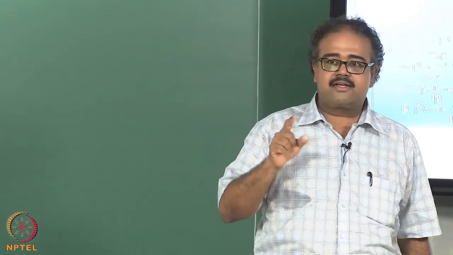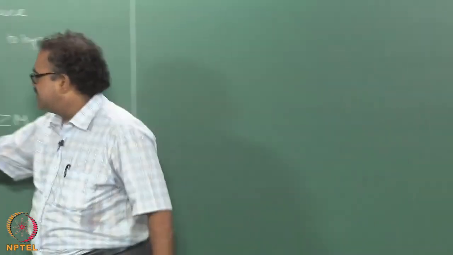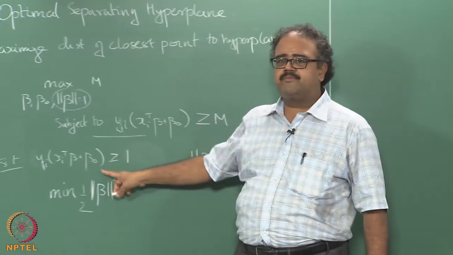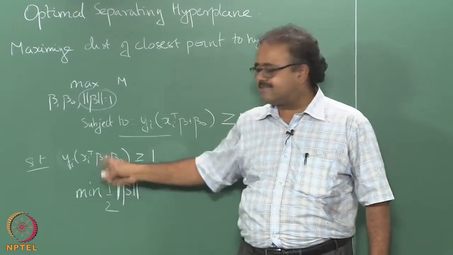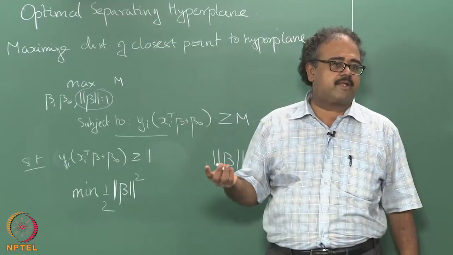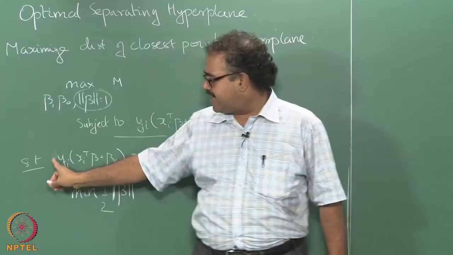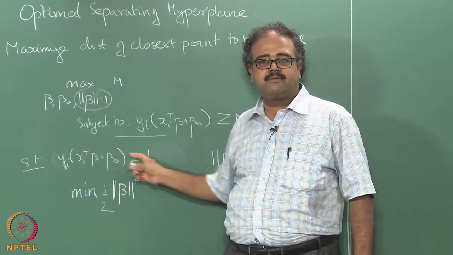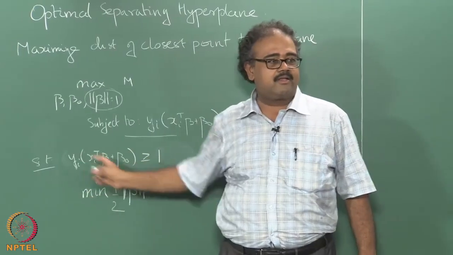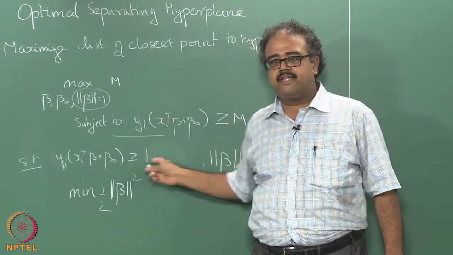Are correctly classified, right. So what does this mean? I mean yi xi transpose beta plus beta naught is greater than or equal to 1. That essentially means that xi is in the right side of the hyperplane, right. You remember that? So yi is plus 1, then this is also positive, right. Then I mean it has to be at least plus 1, right. So not only should this be positive, this has to be at least plus 1, right. Then you will get a 1 here.